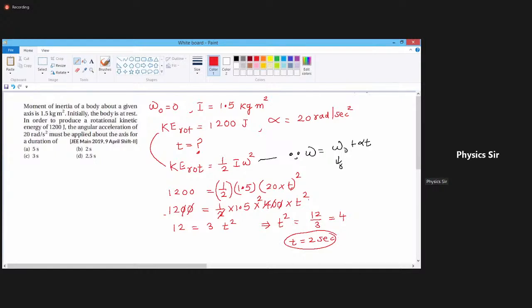You can do this sum and reply to me done. Understood? All of you understood this sum? Did everyone understand? Yes, beta. Please don't leave. You need not leave. Very important questions I am solving.